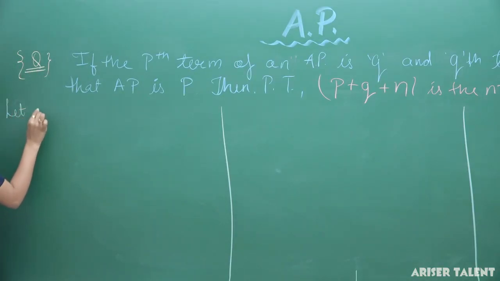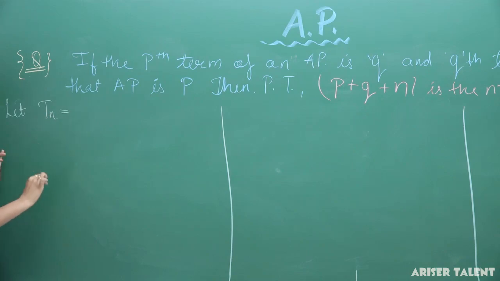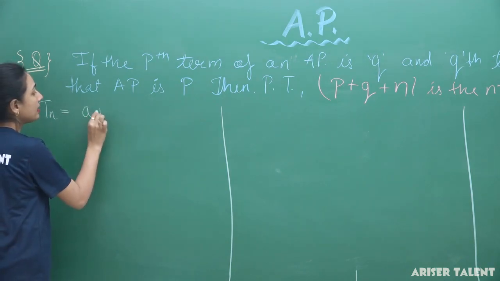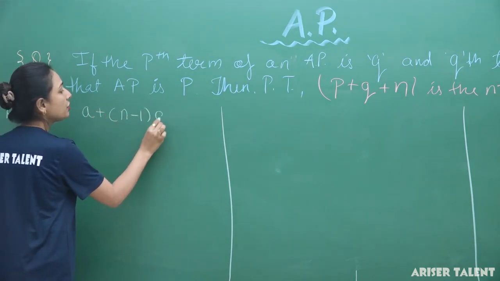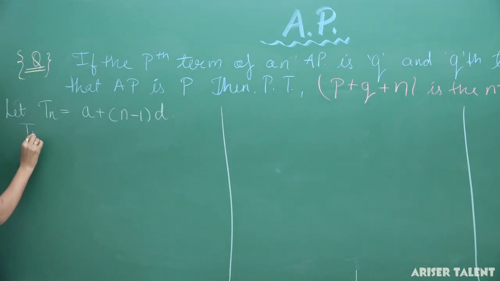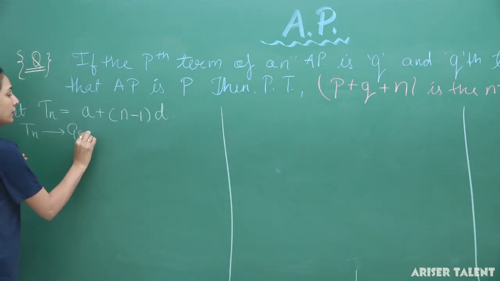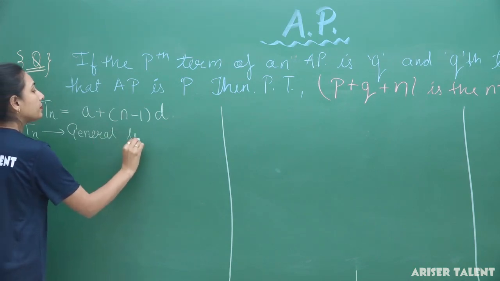Now, let Tn equals A plus (N minus 1) D be the general term.